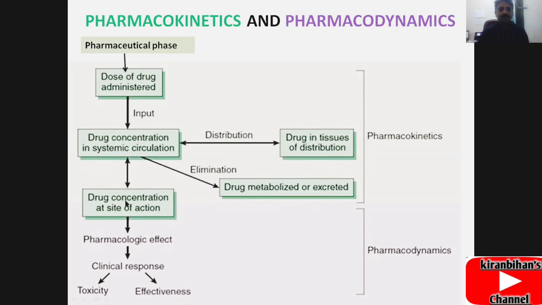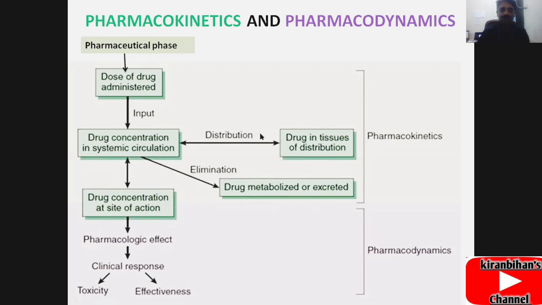When a drug reaches a particular concentration, then the drug shows some pharmacological effects like clinical responses, toxicity, and effectiveness. And then the pharmacological effect, responses, toxicity, and effectiveness are collectively termed as pharmacodynamics.